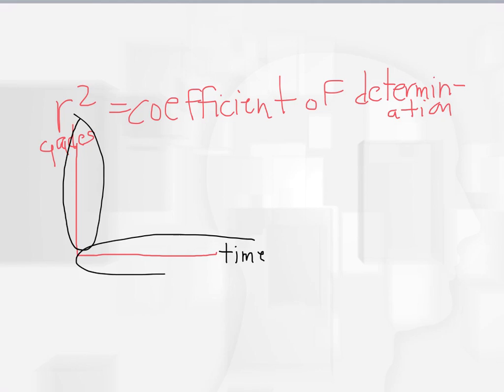Now, a dependent variable, our y variable, are your grades. Our x variable, or your independent variable, is the time you spent working on the course. And how much of your grades is explained by the amount of time.